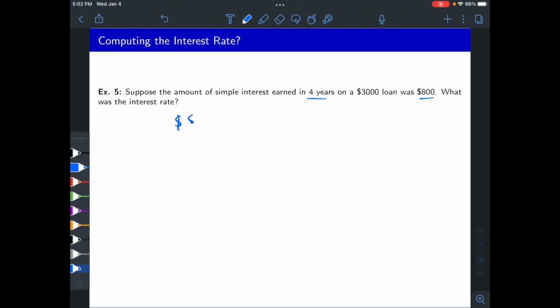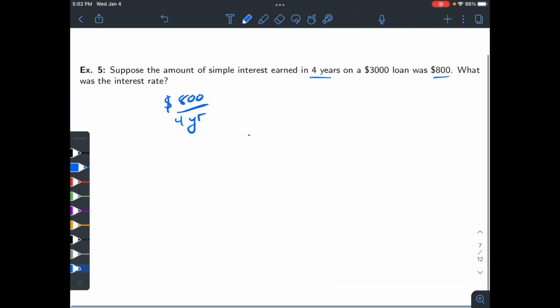Sorry, we're making $800 over a time period of 4 years. So in 1 year, how much do we make? Well, $800 divided by 4 is equal to $200. So we're making $200 in interest per year.